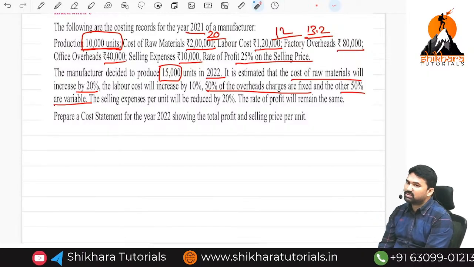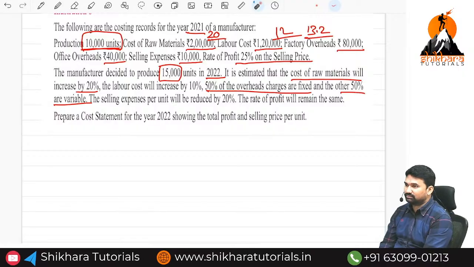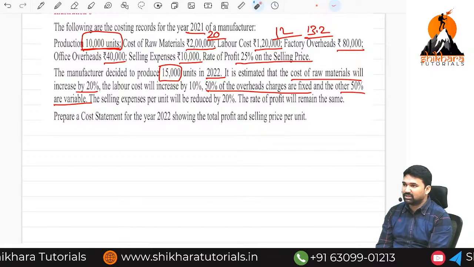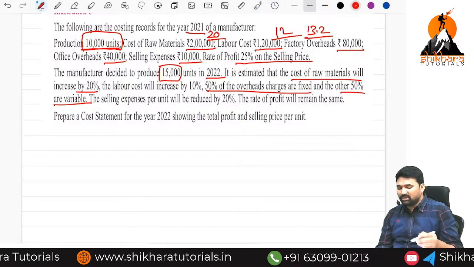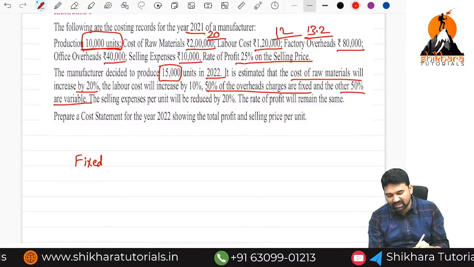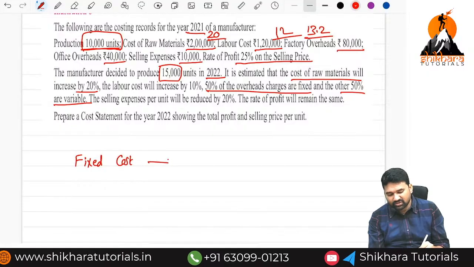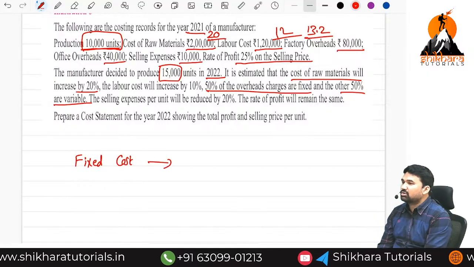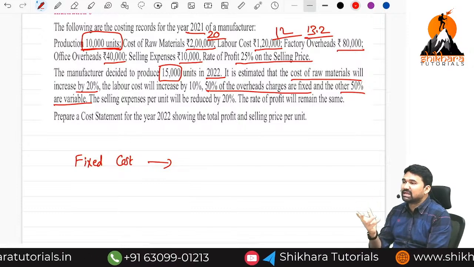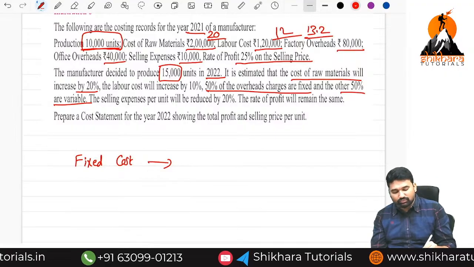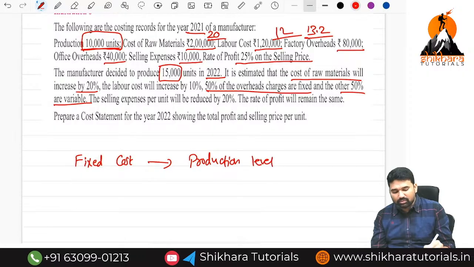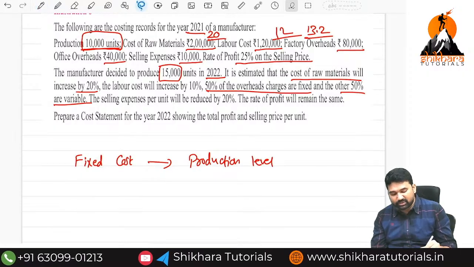Do you know what is meant by fixed cost and variable cost? At foundation level costing basics only, you might have learned, but I'm going to tell you in a simple way. Fixed cost means, the name itself is saying, the cost is not going to change and the cost is fixed irrespective of your production level.